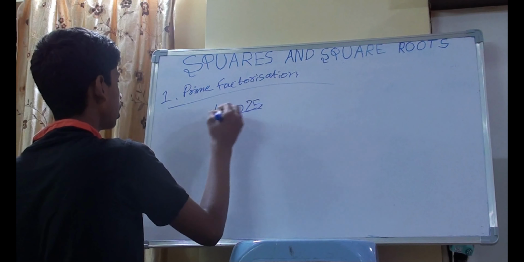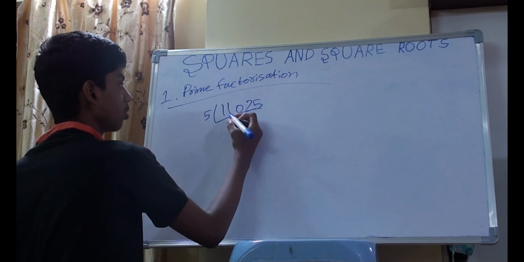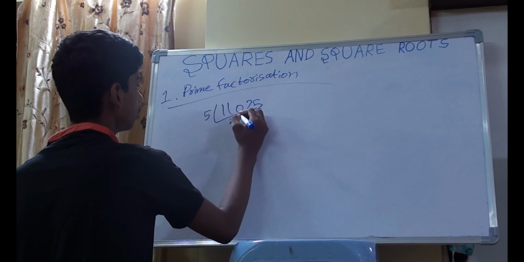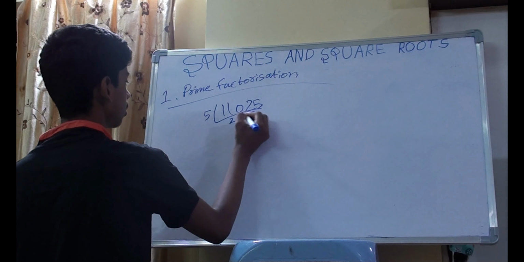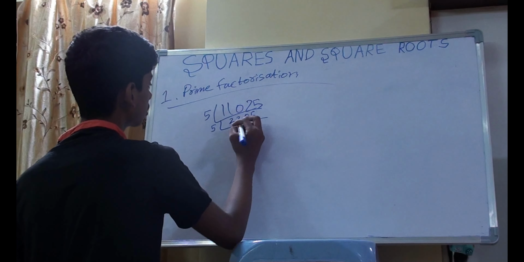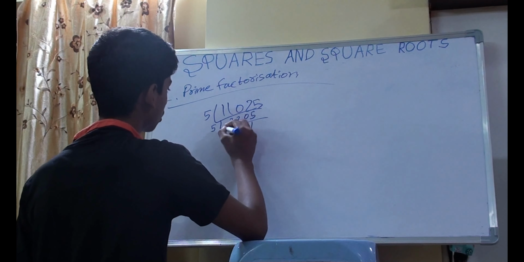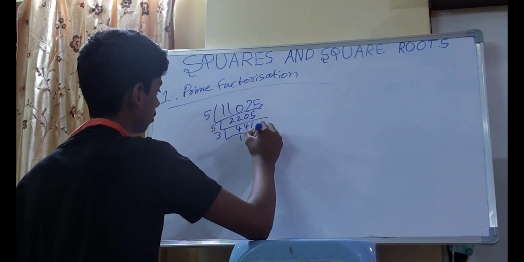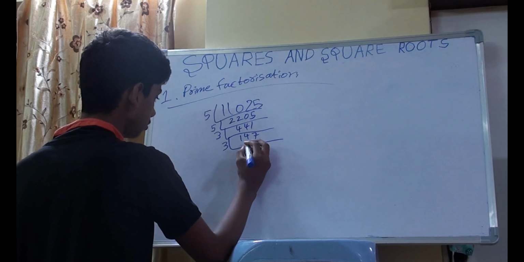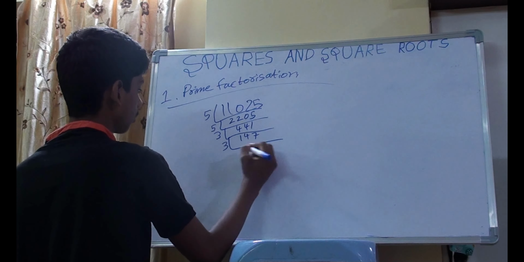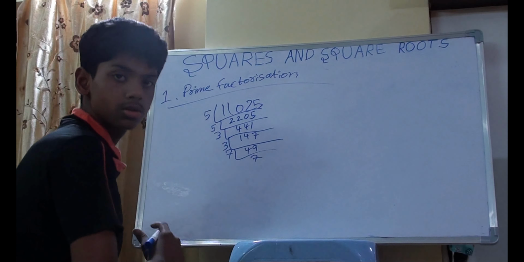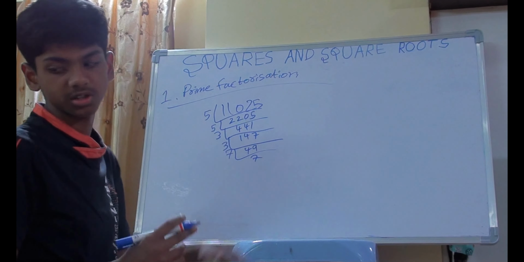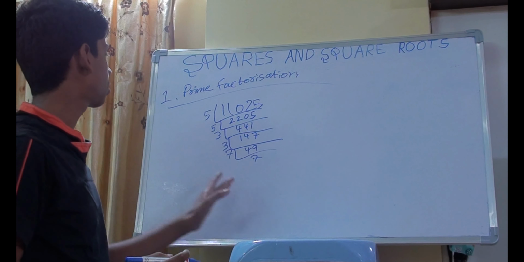We divide it by 5, so we get 2205. Again we divide it by 5, so we get 441. Divide by 3, we get 147. Again by 3 we get 49, and 7 times 7. Here 7 cannot be further simplified. So this is the prime factorization.